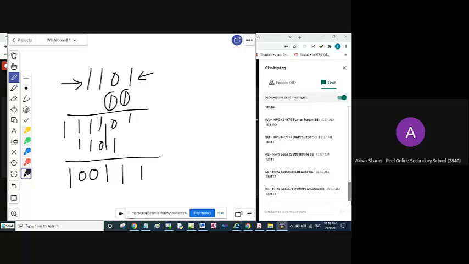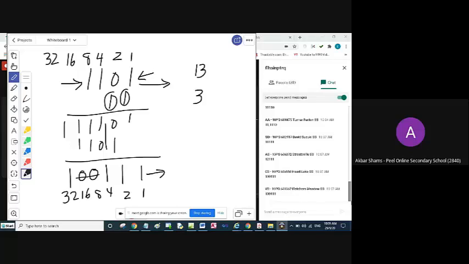Now, let's check that in decimal. Remember, the numbers are 1, 2, 4, 8, 16, 32. So the first one, 1101, is the same as 8 plus 4 plus 1, which is 13. 11 is the same as 2 plus 1, which is 3. 100111 is 1, 2, 4, 8, 16, 32.